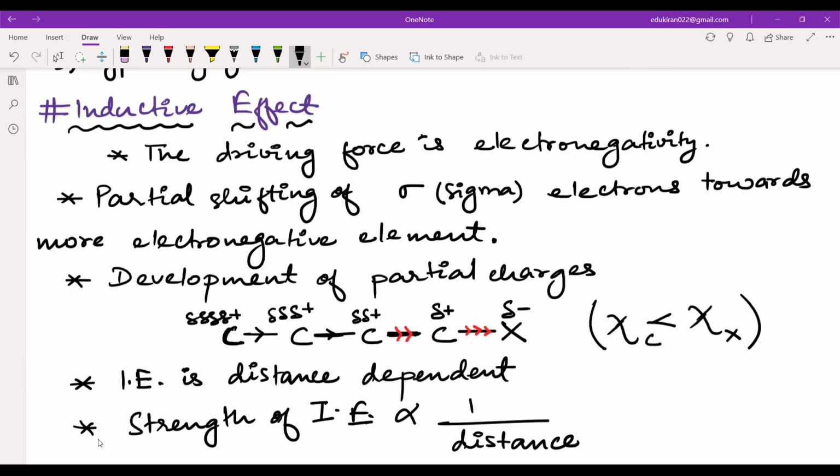So for example, if the inductive effect is shown by this X element and it is pulling the electrons, then the effect of pulling will be very less in the fourth carbon atom. It will be drastically decreasing. It will be highest in the alpha carbon, which is directly attached to the group. Write this down till here.